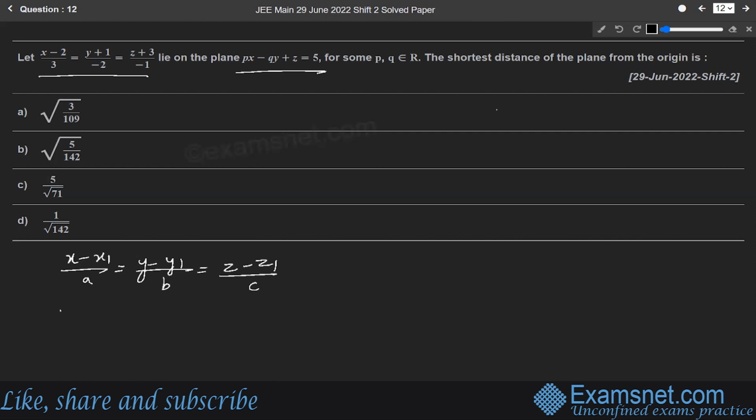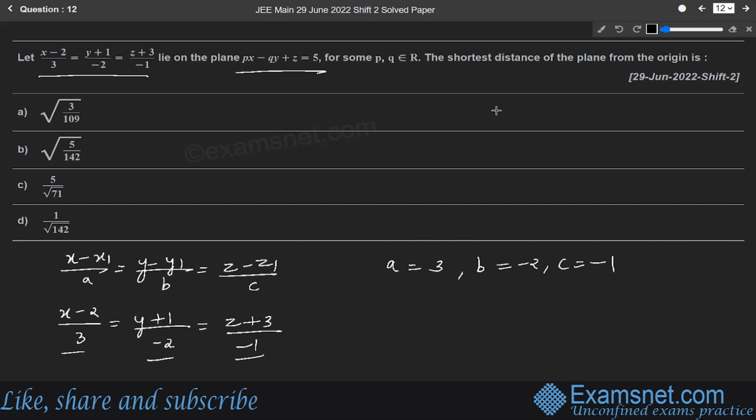The form that is given here is (x minus 2) upon 3 is equal to (y plus 1) upon minus 2 is equal to (z plus 3) upon minus 1. When we compare both these given expressions, we get the value of a, b and c. What is a? A is 3, b is minus 2 and c is minus 1.